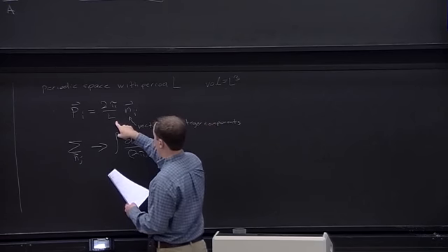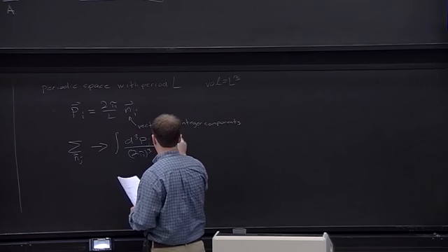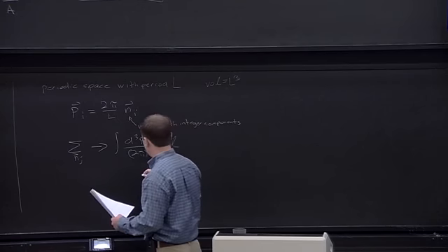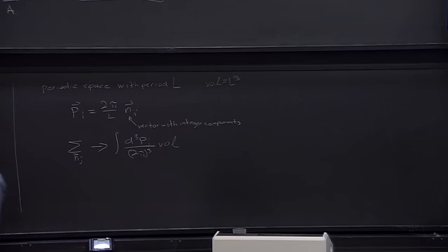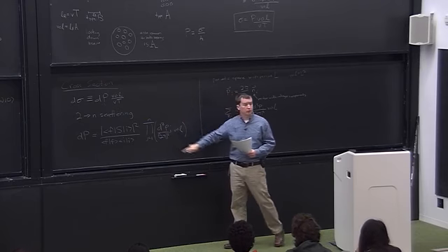And then we get a factor of L cubed, which is the volume. So we get times the volume. So here we need to put in a 2 pi cubed times the volume in order to normalize this correctly.